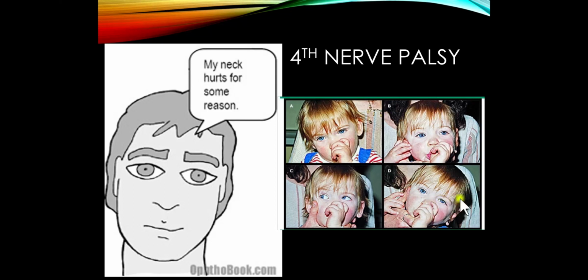And so for this child, when she tilts her head to the left, she's lost the encyclotorsion from the 4th nerve, and the eye goes up. And so she's going to have double vision whenever she tilts her head towards the side of the lesion. So that's why patients want to always tilt their head in the opposite direction.